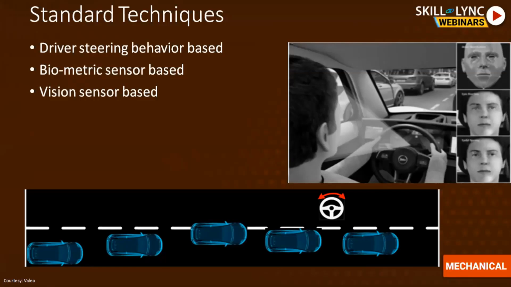So that is a whole suite of techniques that fall under the vision sensor-based technique. A lot of OEMs are trying to implement this technology, and it is a good time to be here, improving and designing this technique as we move towards a higher level of vehicle autonomy.